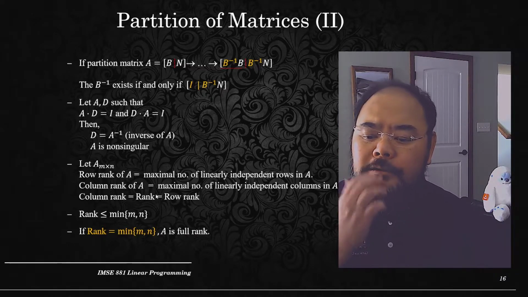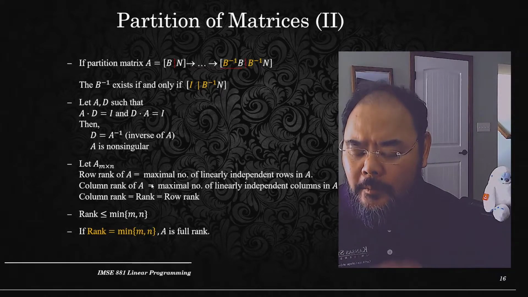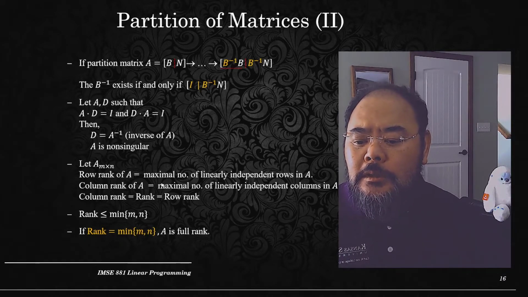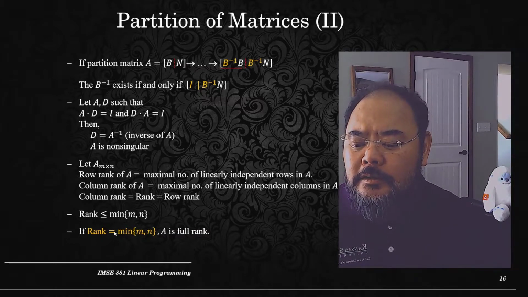Actually, the row rank and the column rank of a matrix should be equal, and should be less than or equal to both m and n. If the equality condition is satisfied, we usually call A full rank.